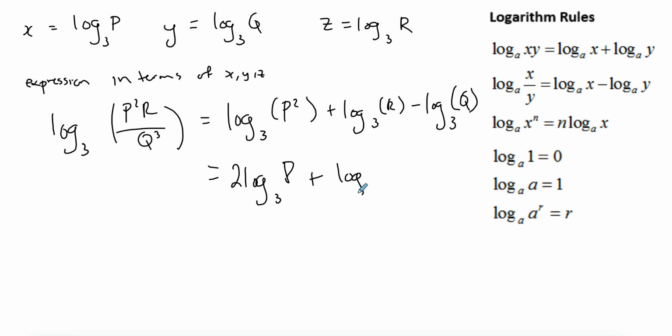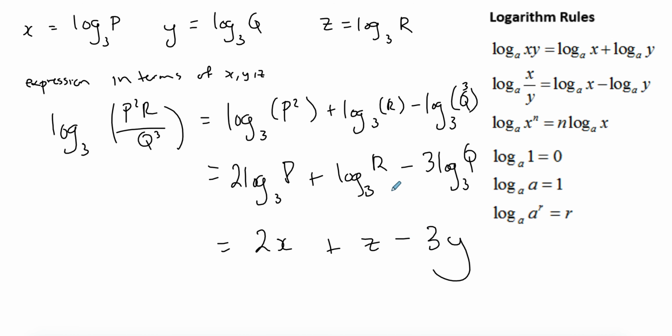P, and then this was cubed, so I changed the 3 here. And again, I know that log of p is just x, so I have 2 of x, and log of r is just z, and log base 3 of q is just y, so 3y. So a quick simplification here using the expressions that we have.